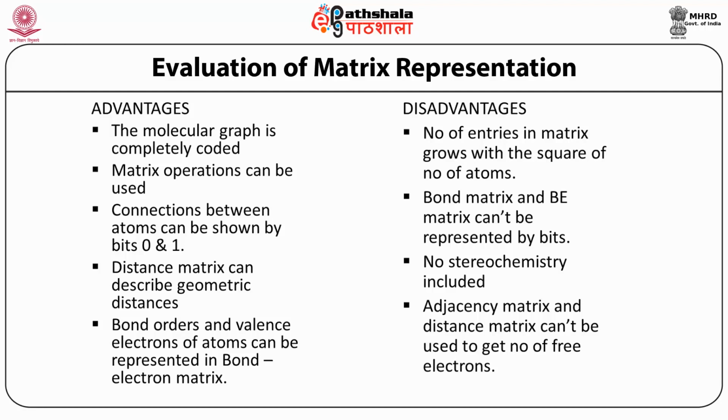You cannot operate Boolean algebra on the bond matrix. Stereochemistry preservation is not done in matrix representation. The adjacency matrix and distance matrix also cannot be used to get the number of free electrons or chemical properties. So these are the difficulties of evaluating matrix representation.